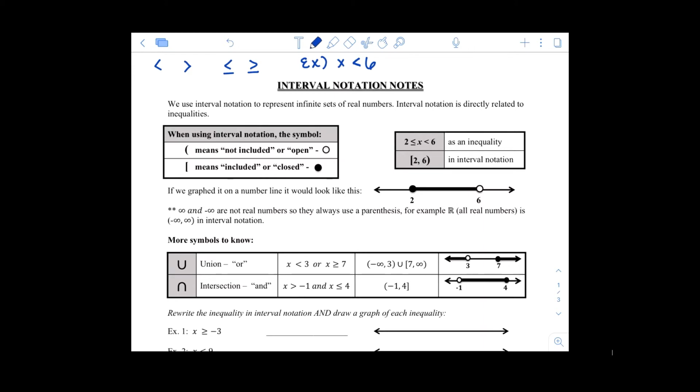So from left to right, this is x is less than 6. You can use the greater than symbol to express this little equation, but you'd have to flip the whole thing around. If x is less than 6, 6 from left to right must be greater than all of the x's.